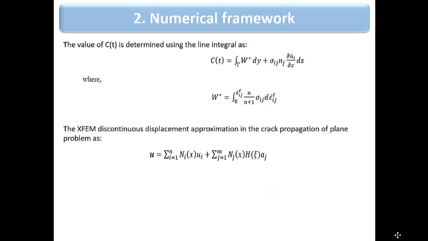For the numerical framework, this is the general form to find the value of the C(t) integral using the line integral.